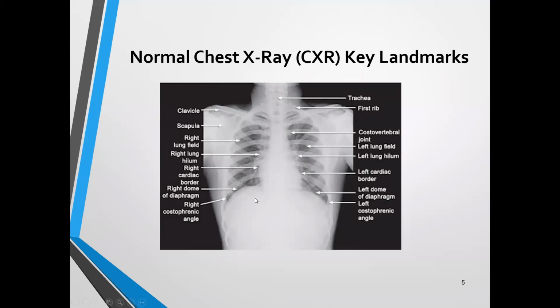And then near the bottom, again, I'm not reading every one of these labels, you have these nicely formed costophrenic angles. The costophrenic angles are really where the two domes of the diaphragm, the main muscle of breathing, come essentially in contact with the basilar portions of the lung.